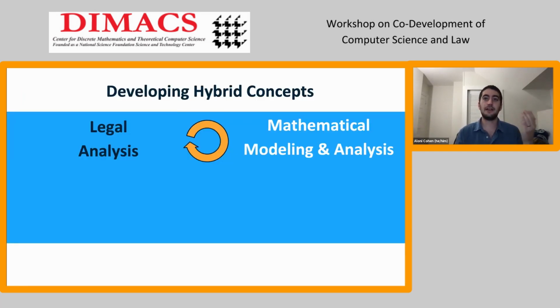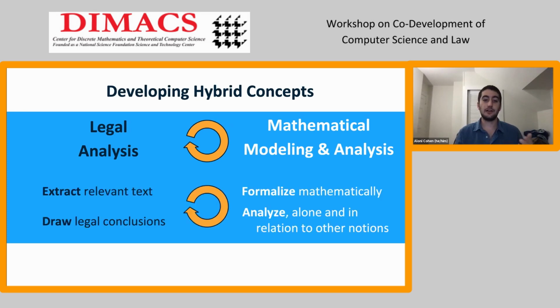To develop the hybrid concepts, we have to move between legal analysis and mathematical analysis. So what does that look like? First, you have to understand the law on its own terms, extracting relevant legal text, and then try to formalize it. Once you have some formalism, analyze it, see if it makes sense.